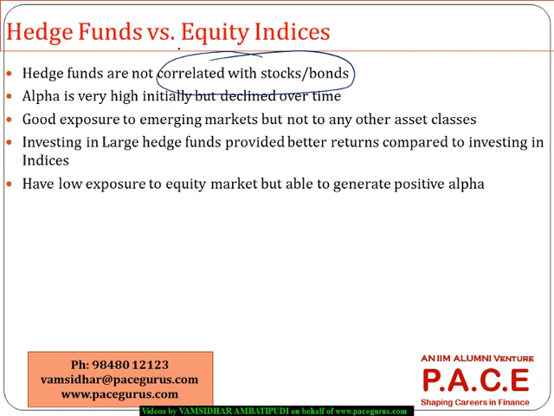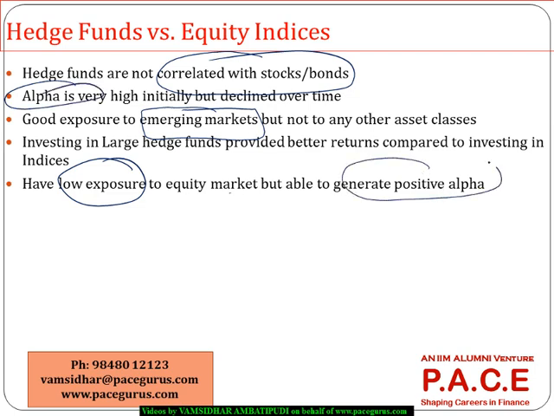Very little exposure, very little correlation to the equity market, but they had a decent amount of exposure to the emerging market, but not to any other asset classes. That way, they were able to generate a positive alpha, but still without any exposure to the equity market. That made people look at hedge funds as a different asset class altogether.